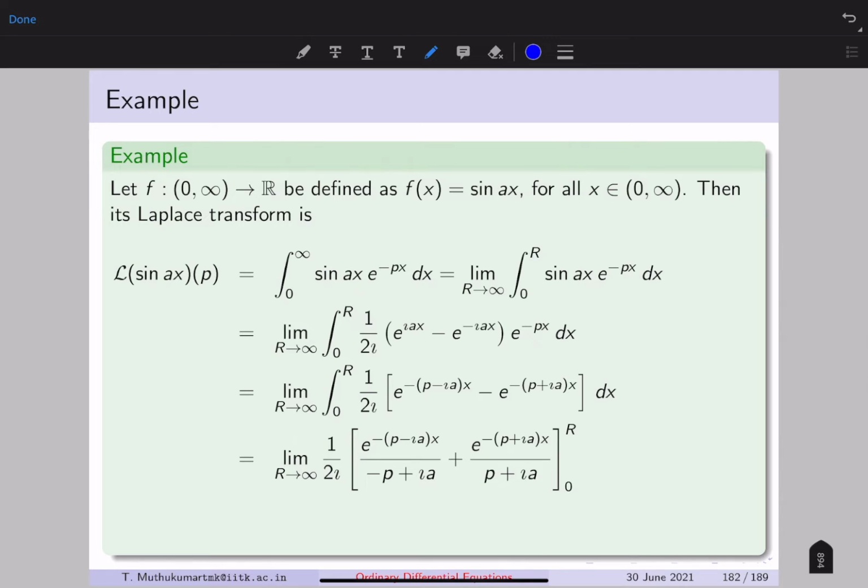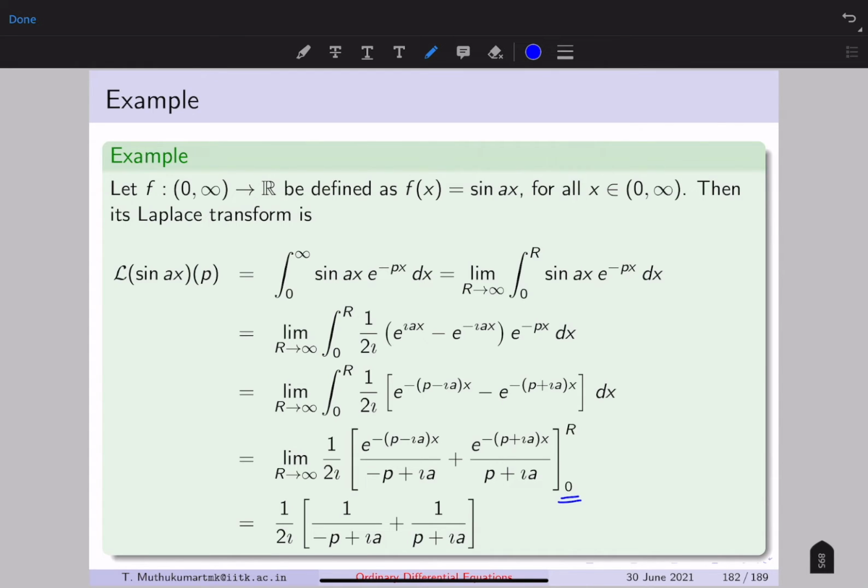Now if you integrate this, because now this is in the exponential form, you get this form, limit of r going to infinity. So apply the limits and take the limit, right? If you do that, then you get 1 over 2i, 1 over minus p plus ia of this. So basically the limit corresponding to 0 will remain, the rest will vanish.